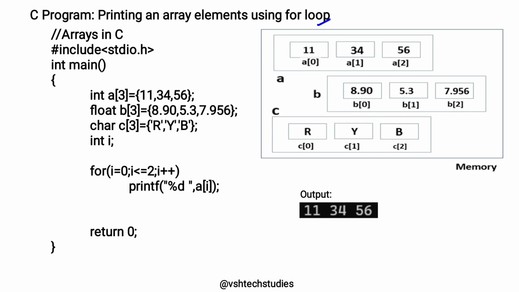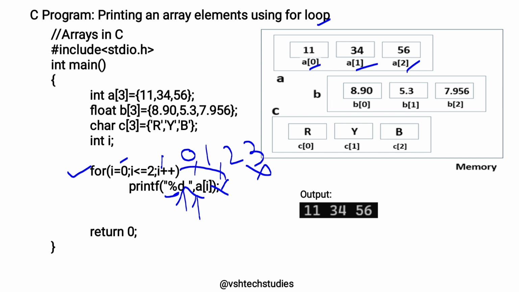So instead of writing the printf statement 3 times, a single for loop is used where the index value is varied from 0, 1, 2 and the array referred to is A. Each time the integer value is printed and a space is left. This is executed when i is 0, 1, 2. Next time when i becomes 3, nothing will be printed because control will not enter, because 3 is not less than or equal to 2.